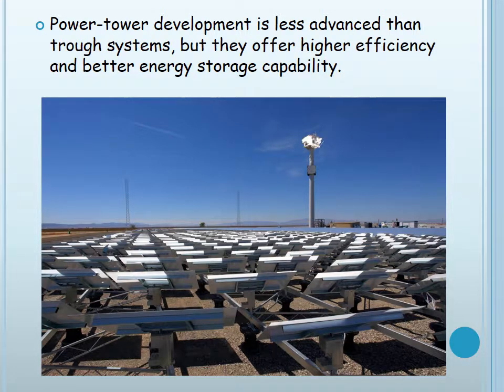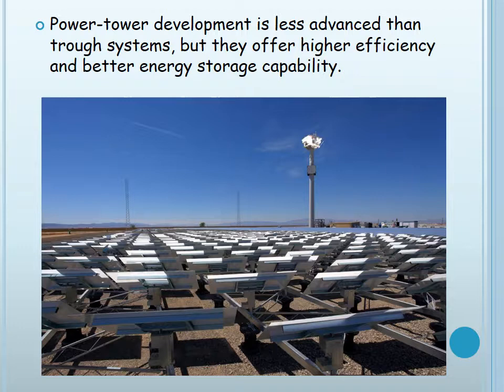Then we're going to talk about power tower development, which is less advanced than the other systems, but they offer higher efficiency compared to the parabolic trough, and they have better energy storage capability.